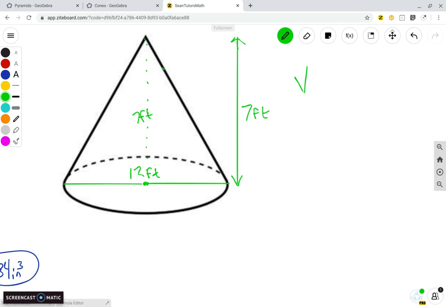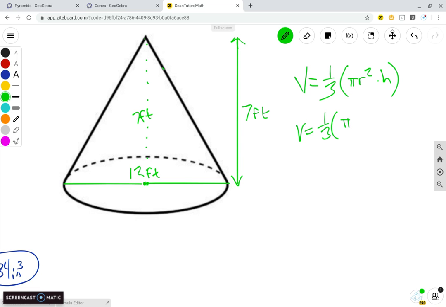All right, so now the volume is just 1/3 of the prism it fits in. In this case, a circular prism, or we could call it a cylinder, is the volume of the base, pi r squared, times the height. So volume equals 1/3 pi.